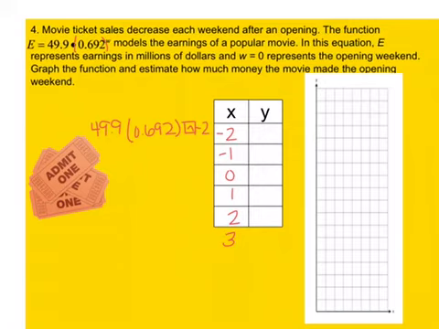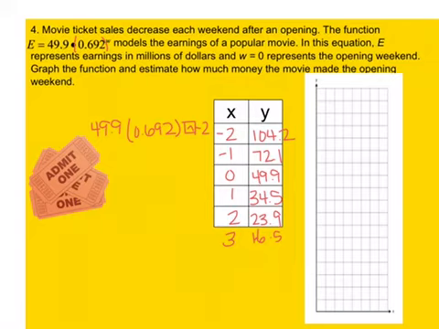When I do that, I get 104.2. So if I keep going through and plugging that into my calculator, I get 72.1, and then 49.9, and then 34.5, 23.9, and 16.5.